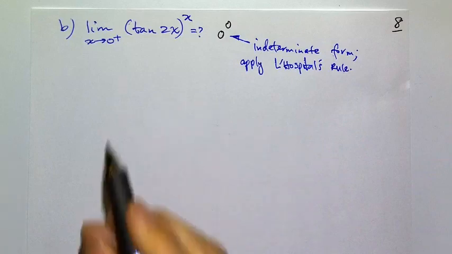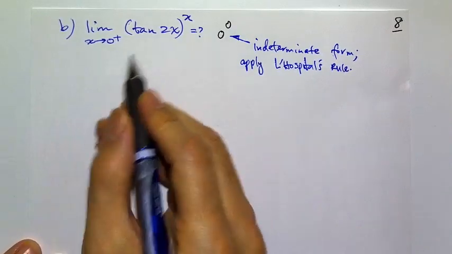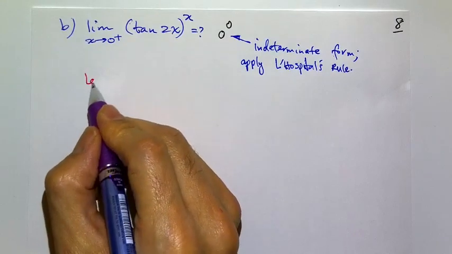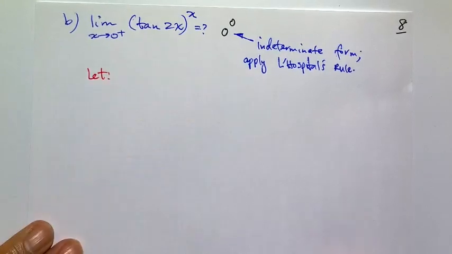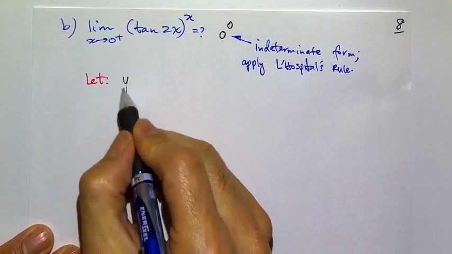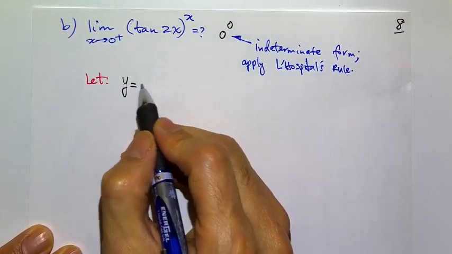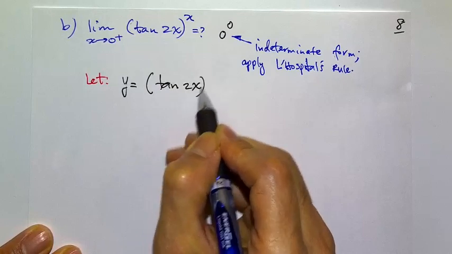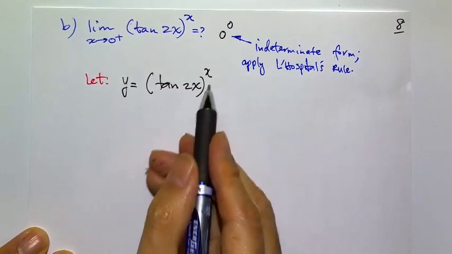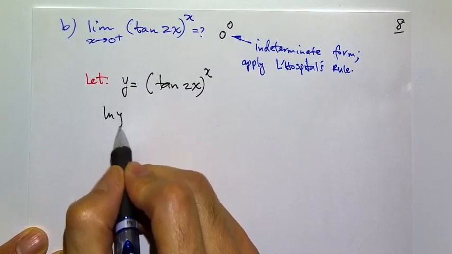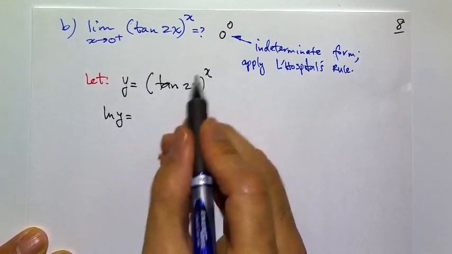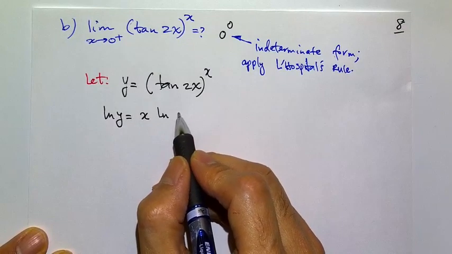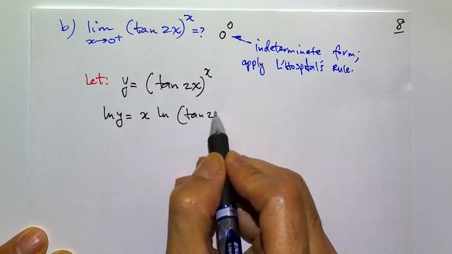Okay. Again, by this method, we set all of this equal to y. So let y equal tangent of 2x to the x power. Then we take the natural log of both sides, right? And that'll bring this down, x times natural log of tangent of 2x.